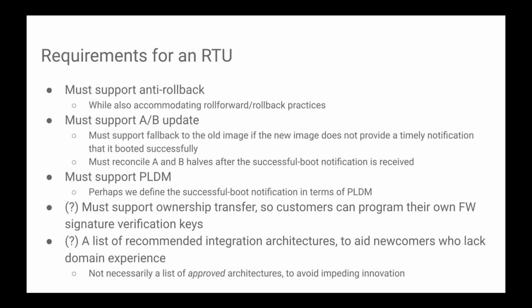Yeah, I think that's probably the implicit assumption, that if you have a recovery path, you don't need to be as strict about managing your A and B halves. Right. And so what we're really saying is that with A and B update, the thing it gives you is that if the B update fails, you can instantly roll back to A. Mm-hmm. But if your recovery path is just as fast, is there still value in keeping A?